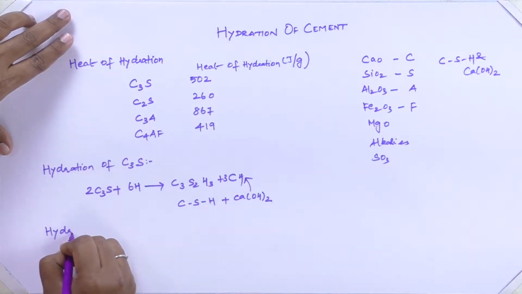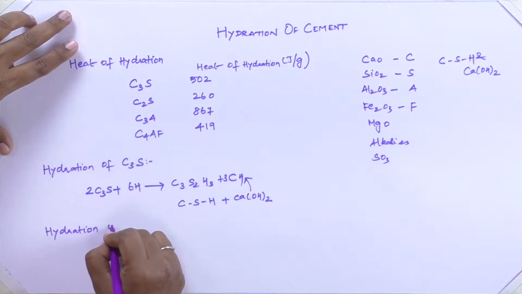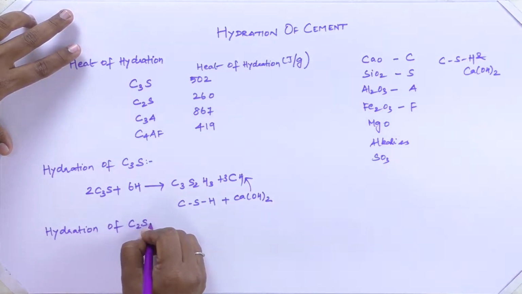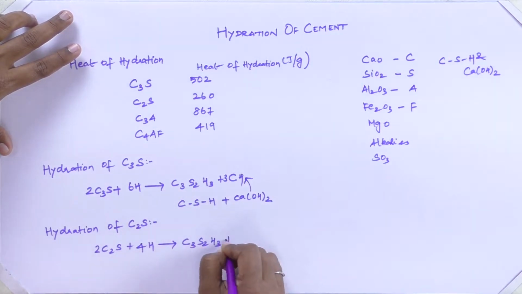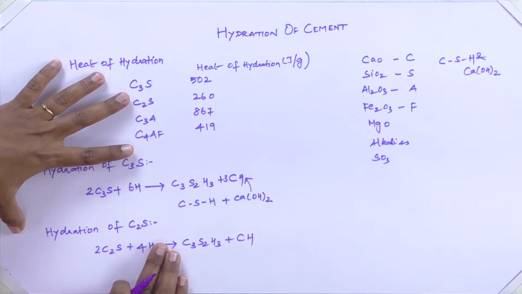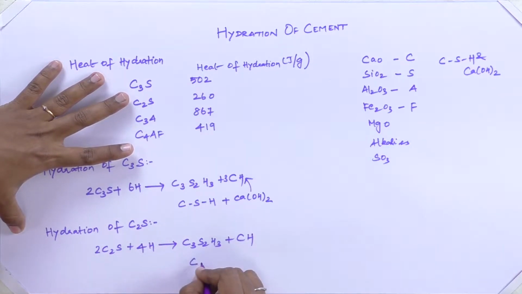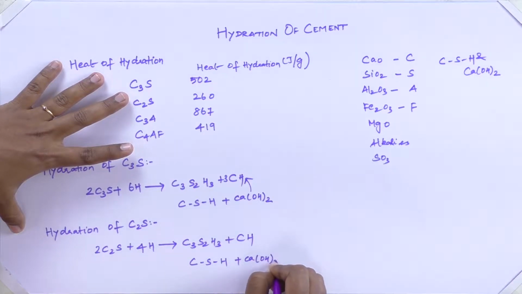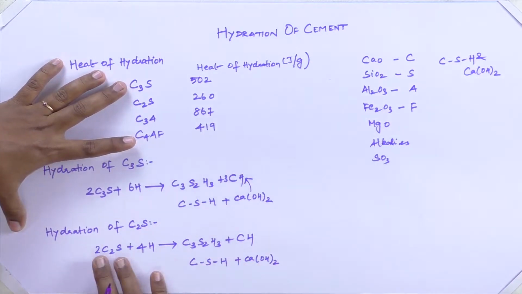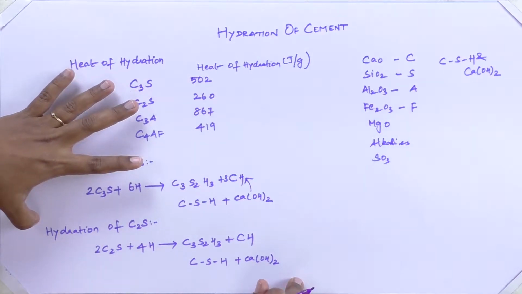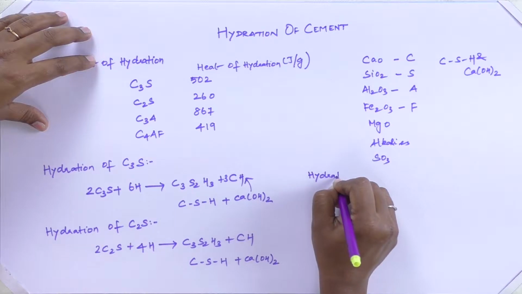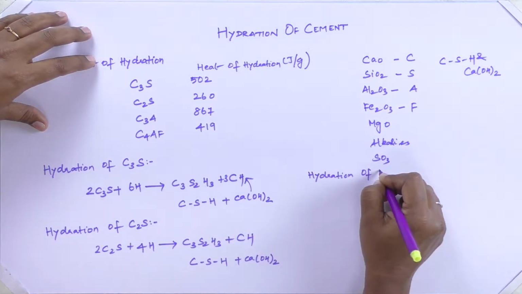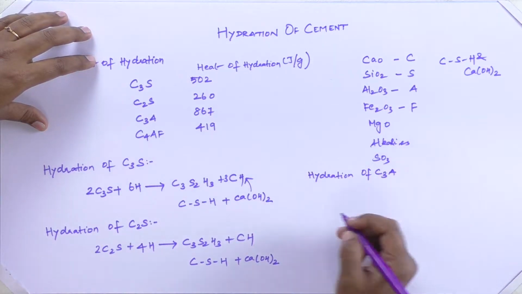Next, hydration of C2S. In hydration of C2S, again the end product is CSH and calcium hydroxide. This is the hydration reaction of C2S. Next, hydration of C3A.